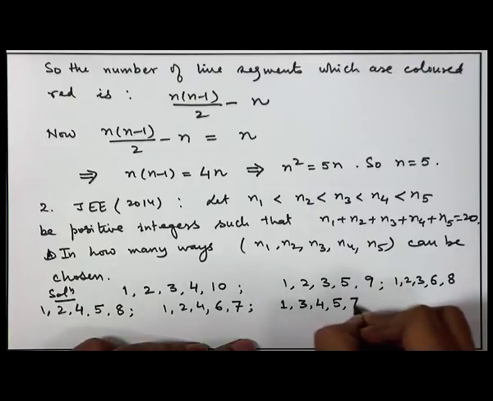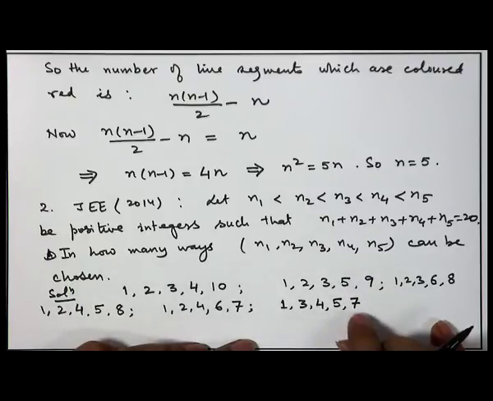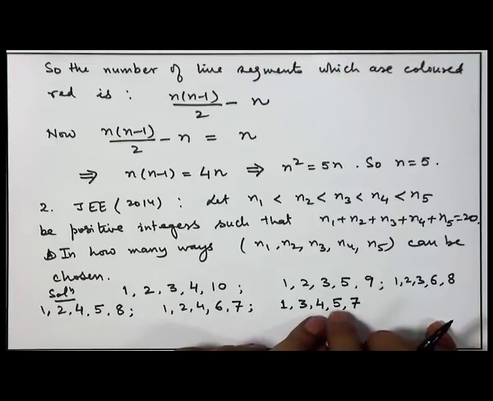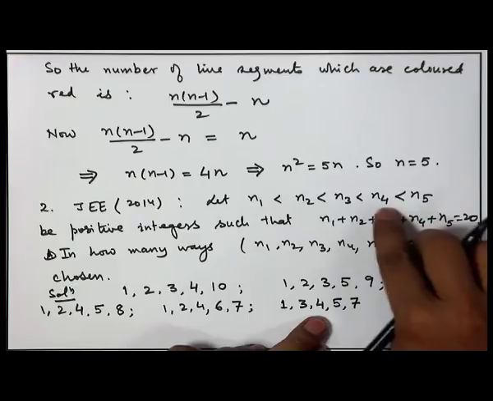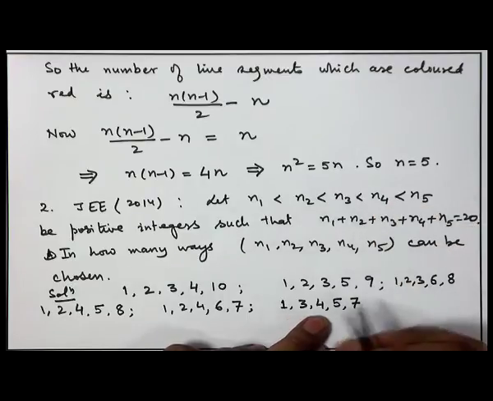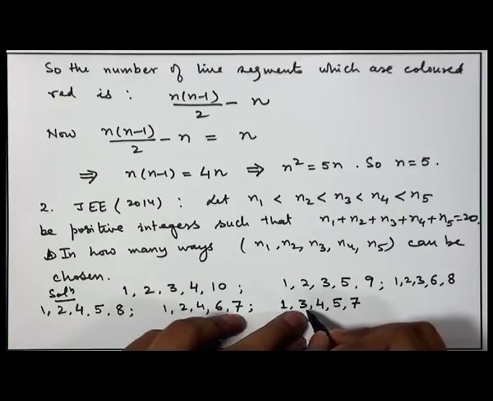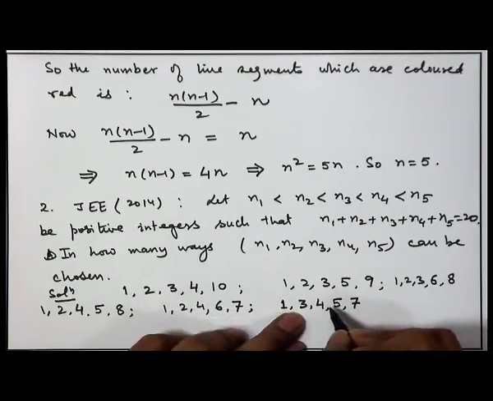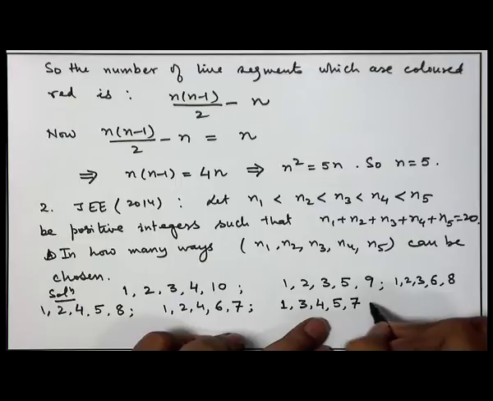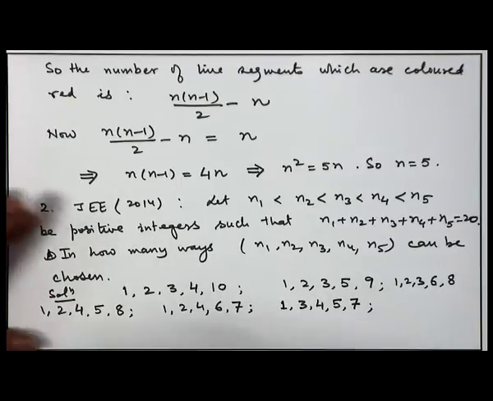So, the next value can be only 7, that is the only possibility. Now, in the next one if I make this 6, then n5 will also become 6. So, that will violate n4 less than n5. So, with 1, 3, that is smallest n1 and the next smallest value of n2, I have only one option.